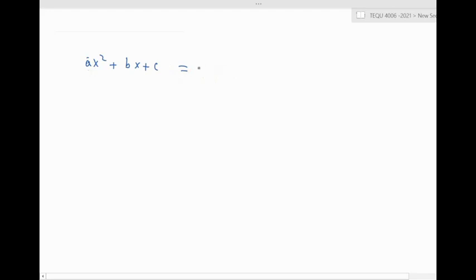Let's say that we divided that polynomial by that constant that is here, but also we multiply by the same constant. So basically we are not changing anything. But when we do that, we end up with something like this. A. Now, if we divide by A, that will end up x squared plus b over a x plus c over a. And that's it. So now, careful here.